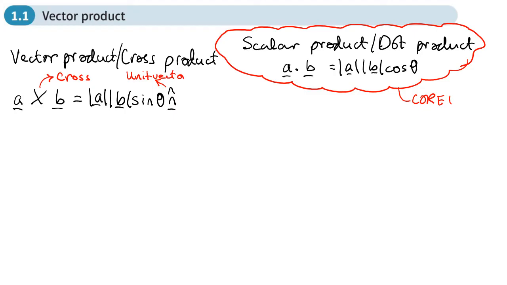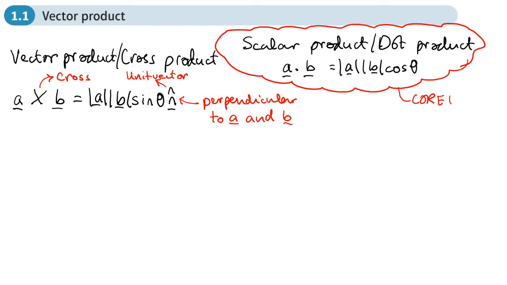This vector n is normal to vectors A and B, so it is perpendicular to A and B. You can see it's similar to the dot product, but there are one or two differences.